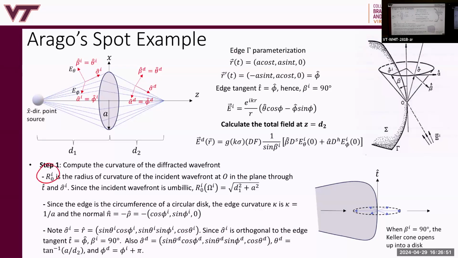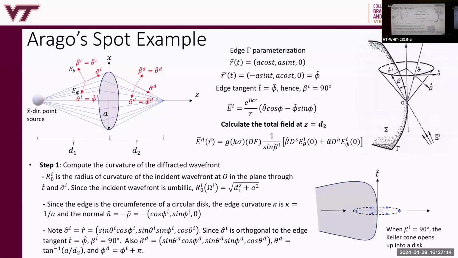R naught incident is the radius of curvature of the incident wavefront at the point O. So let's pick this point, for example, at the point O in the plane through the tangent and sigma incident. So here's sigma incident, like that. And at this point, the tangent is, okay, so let's do this.